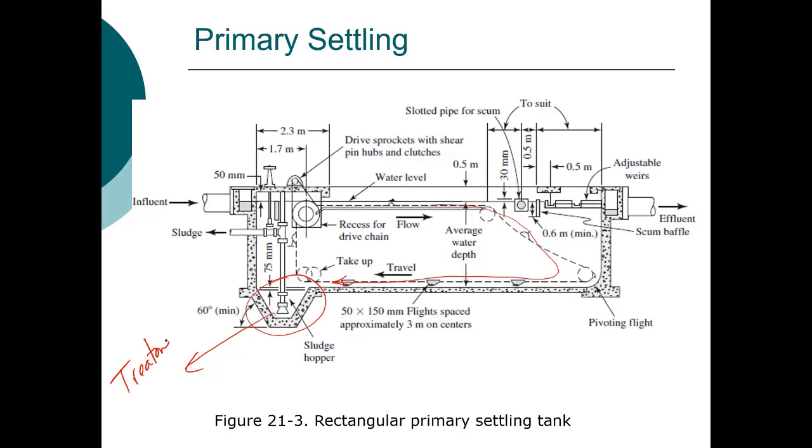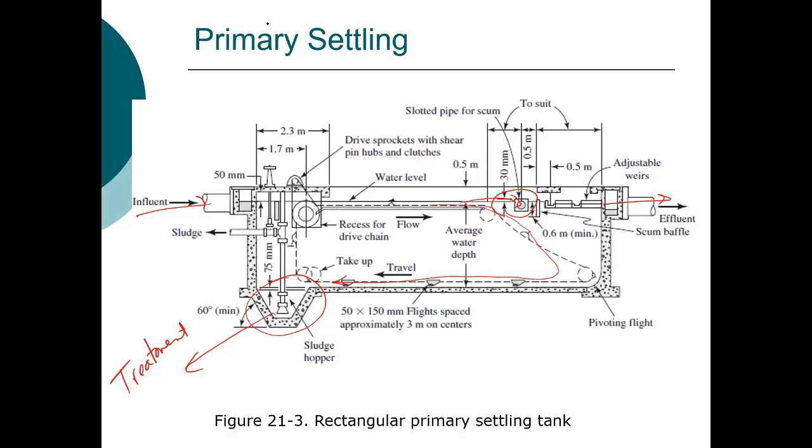And we'll talk about that hopefully on Friday. And then we often have a scum trough. You can see that here. Any of the oils or grease, floating material, gets pushed into that scum trough. And we have the influent and our effluent on opposite ends of the tank.